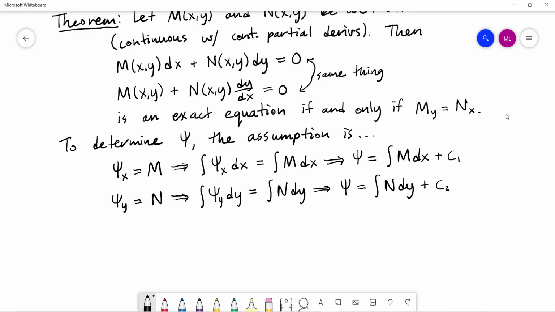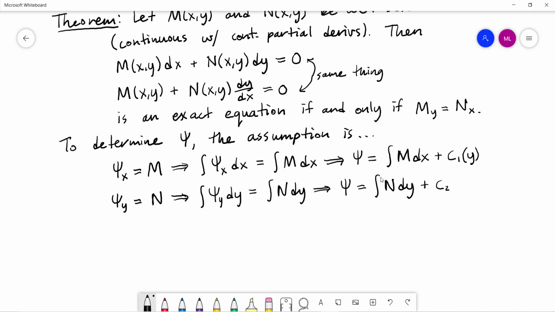But here's a tricky thing. They're only constants with respect to the variable that we integrated with. So in this case, we integrated with respect to x. So this is definitely a constant as far as x is concerned, but what were we just saying earlier? Anything that involves y, as far as x is concerned, is also going to be treated as a constant. So this can technically not just be a constant, but can instead be a function of y.